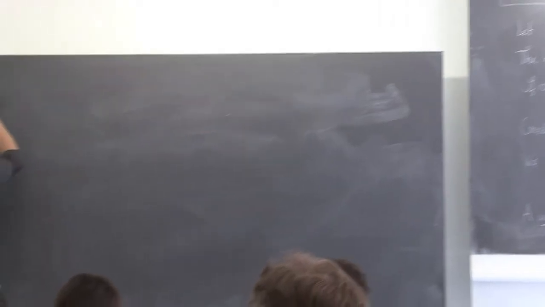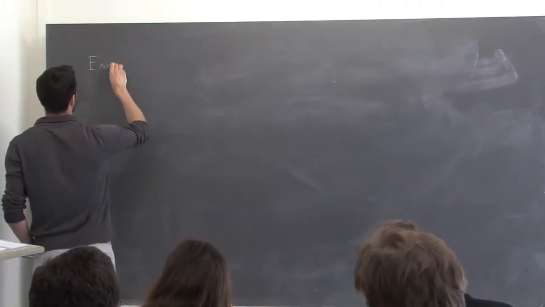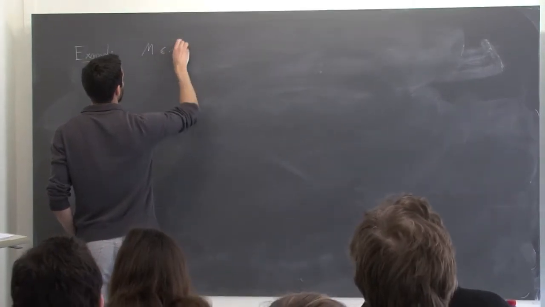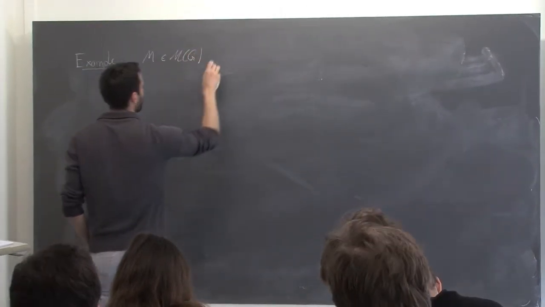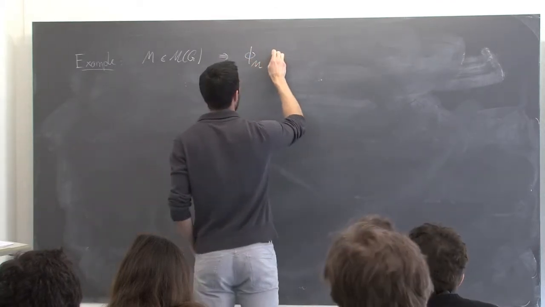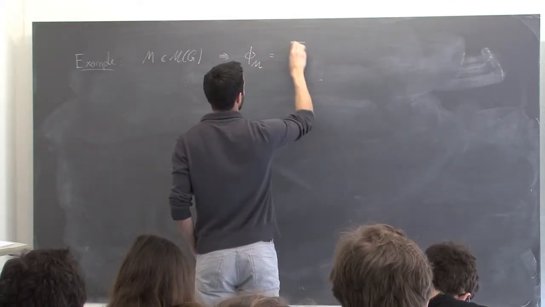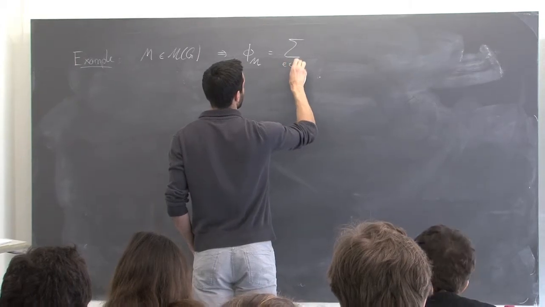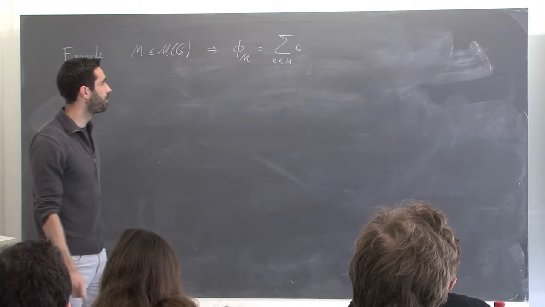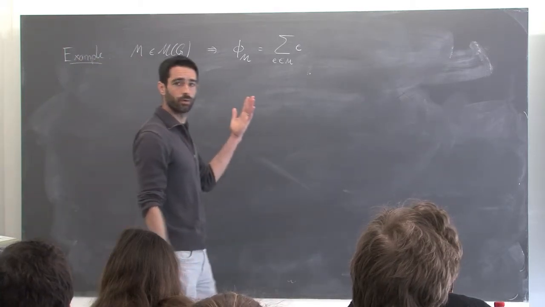For example, if you take M, a perfect matching on the graph, this gives you phi M, the sum of all edges in your perfect matching, and this is a unit flow.